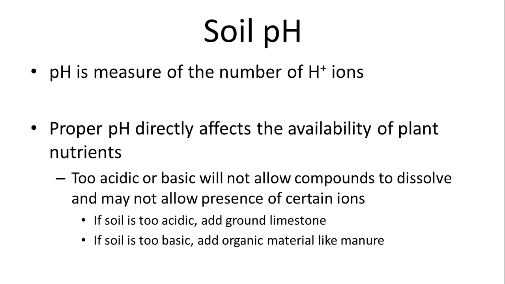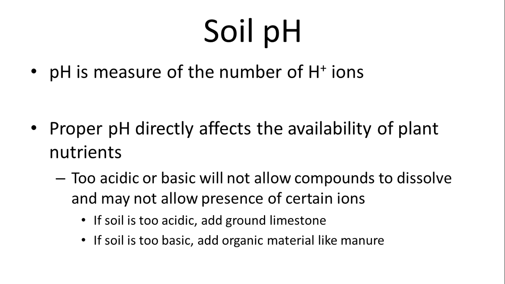And so we've talked about pH before, that pH is the number of hydrogen ions, and so the lower the concentration of hydrogen ions, the more basic it is, or the higher pH it will be, and vice versa, right? The more hydrogen ions you have, the more acidic it will be, the lower the pH.